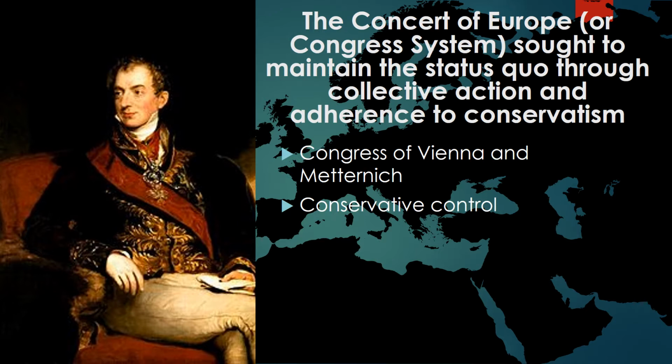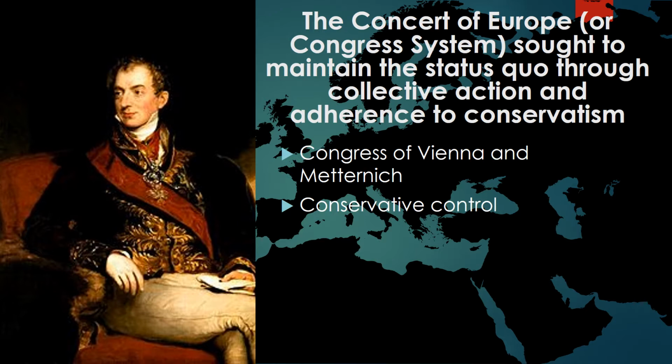And this was most important through the actions of the Quadruple Alliance. The Quadruple Alliance included the four victorious powers of Russia, Prussia, Austria, and Britain. In 1818, France joined, renaming it the Quintuple Alliance, and this created what we call the concert system.